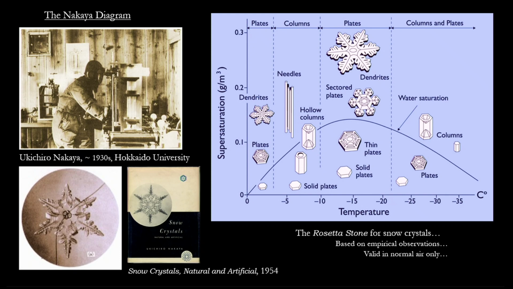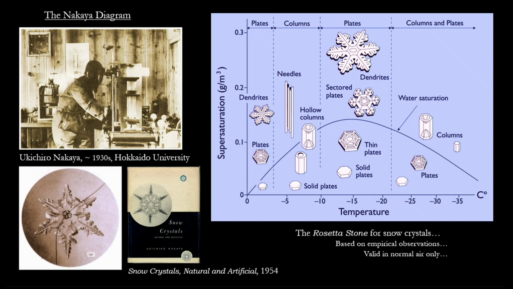He did a lot of observations of natural snow. And then he got a walk-in freezer, which was very new at the time. And he started growing these things in the lab. And he grew them on these little rabbit hairs and wrote a book about this. And he described the morphology as a function of these two variables, temperature and supersaturation, because he could recreate that in the lab.